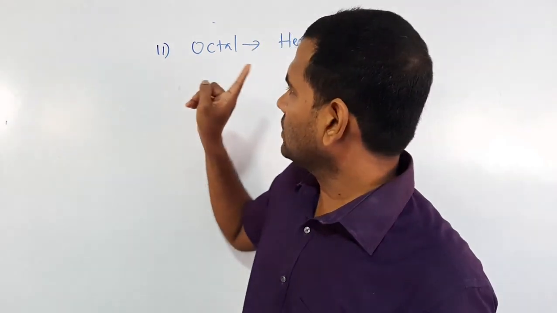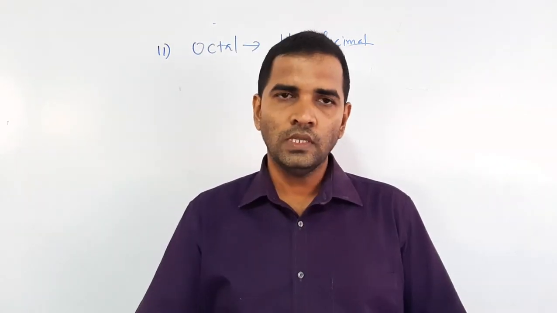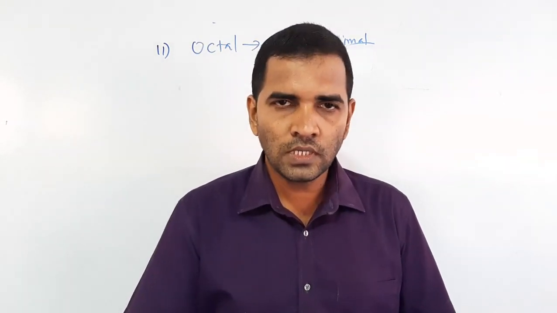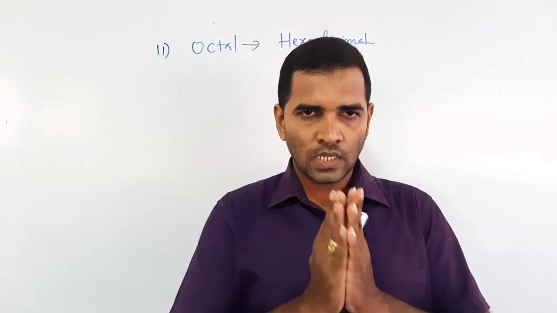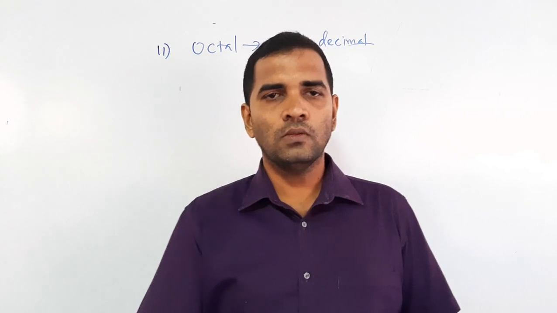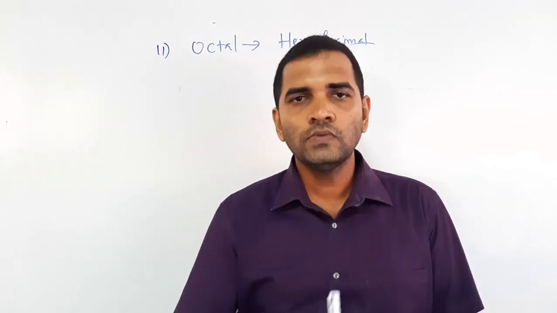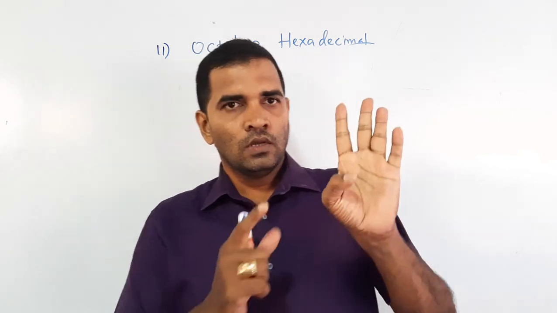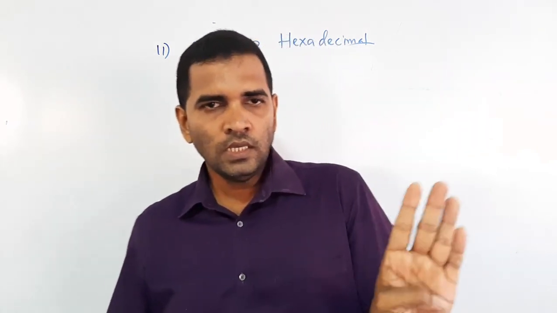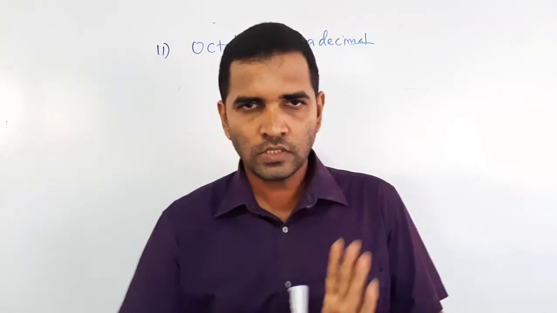To convert an octal number into hexadecimal, there is no explanation needed, there is no description needed. Even without my help, you can do that because you have completed all these 10 conversions. So what are the two options which we have? What is the first one? Option A: this octal number can be converted into decimal first.